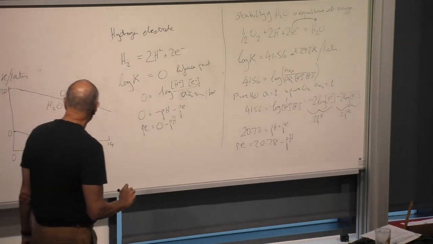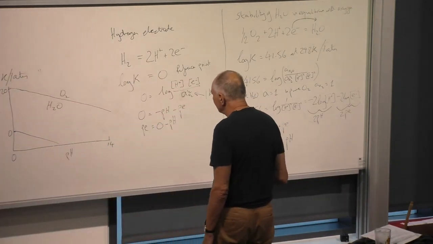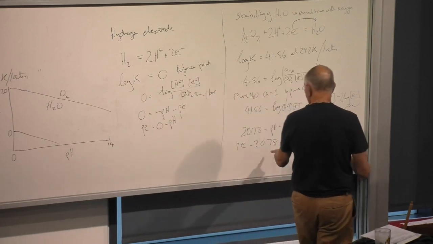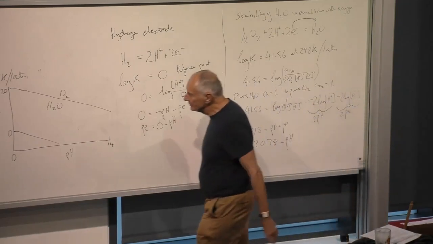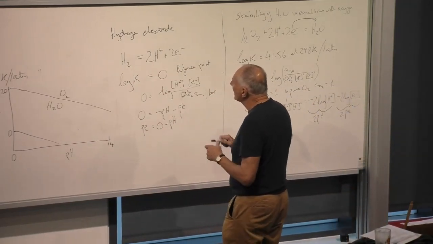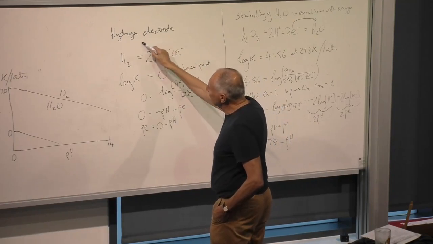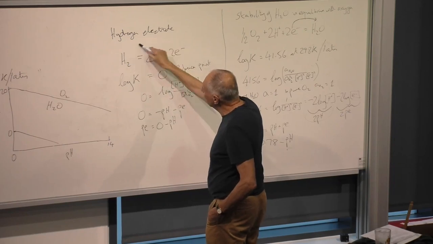Off in that direction. And the 2 lines are parallel. Okay, this is the upper line, and this is the lower line. And same argument, if you pump up the electron concentration, you're going to make hydrogen. Okay, you pump it up, you'll make hydrogen.